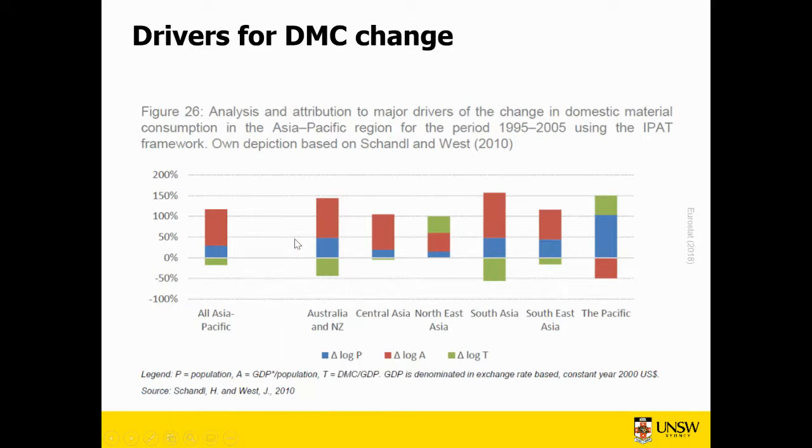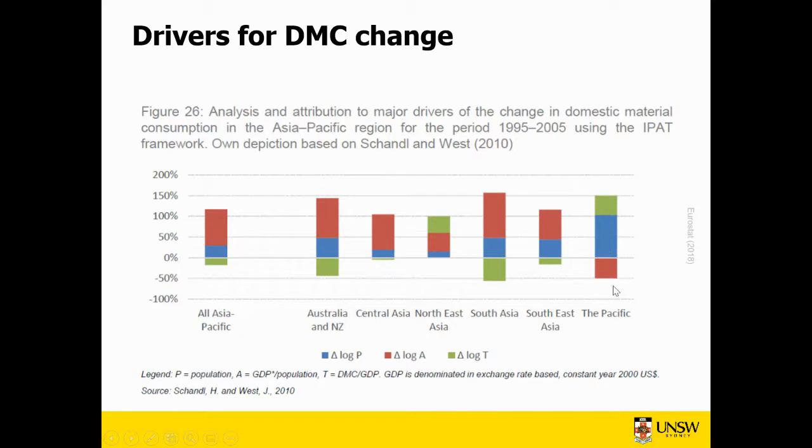Here we can see that for most of the regions of the world, normally they have a trend of decoupling, in the sense that for the same unit of GDP growth, you can have less material requirement. But in many of these regions you have an increasing population and a population getting richer, so consuming more. So even if per unit of money you need less materials, you're spending much more money consuming things. So then it goes up.